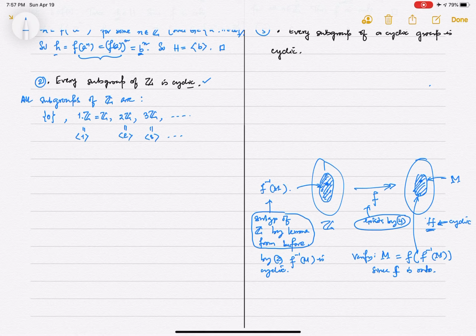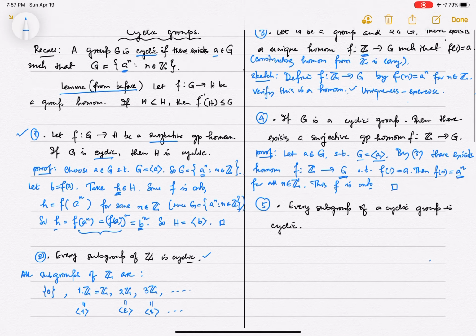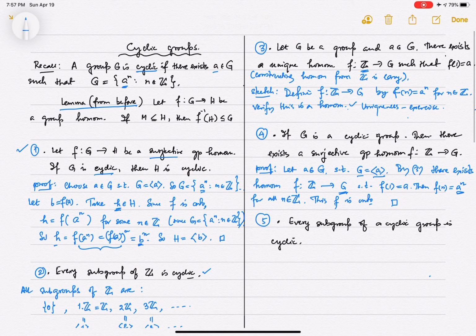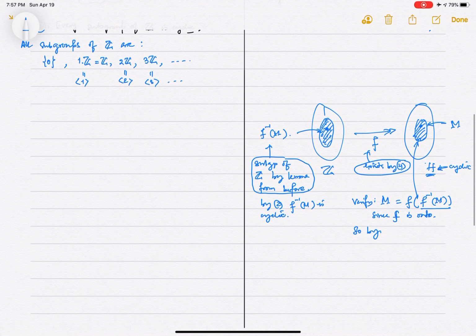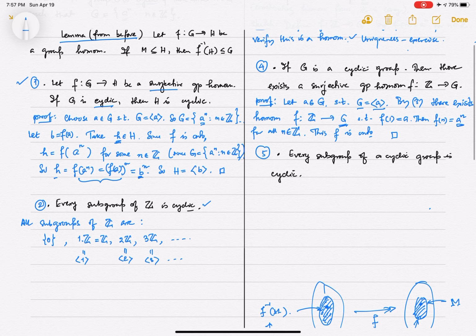So M is F of F inverse M, so it's the image of a cyclic group under a homomorphism. So by, which one was that? 1, right? Image of a cyclic group is cyclic. By 1, M is cyclic. So I think that's a decent illustration of how these concepts help.